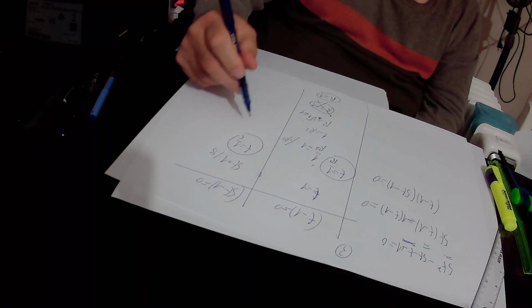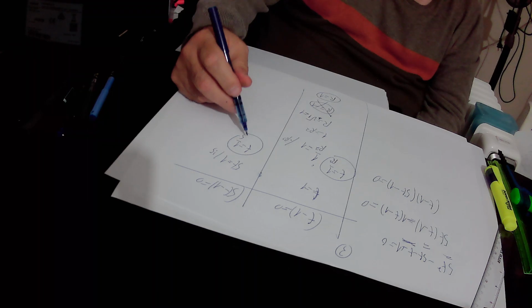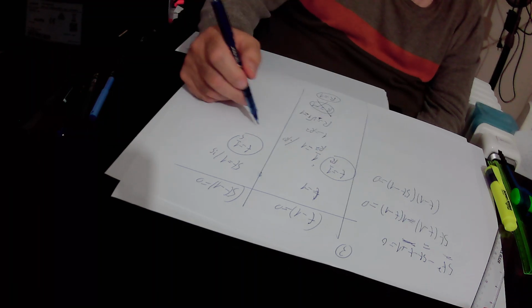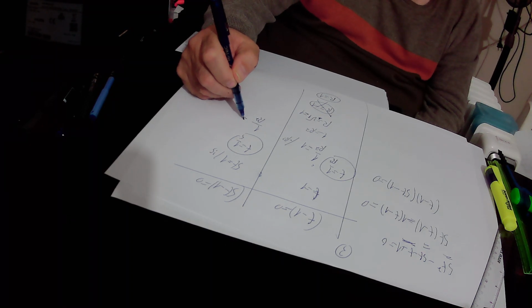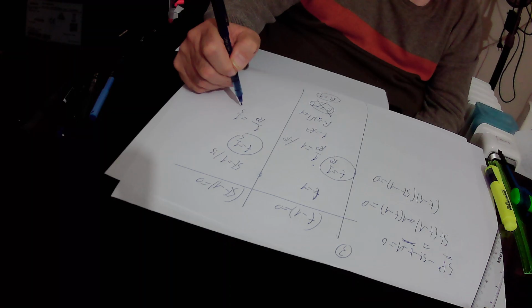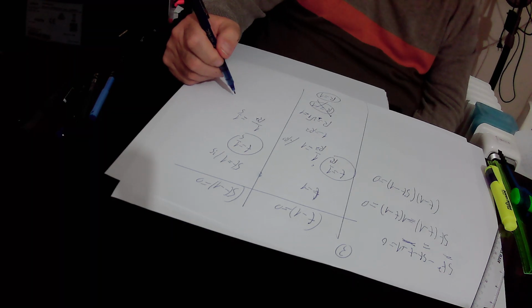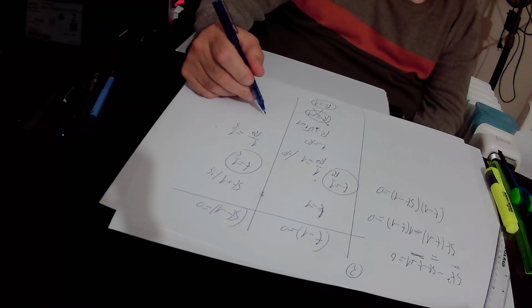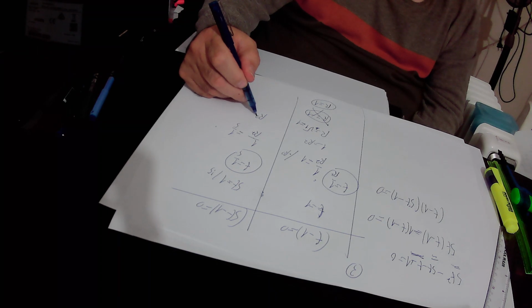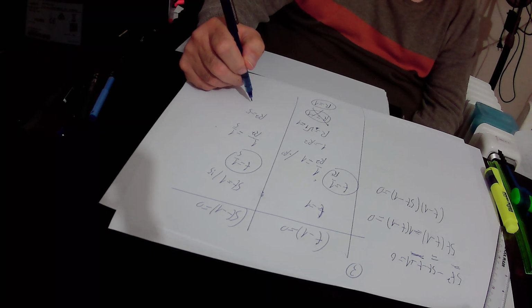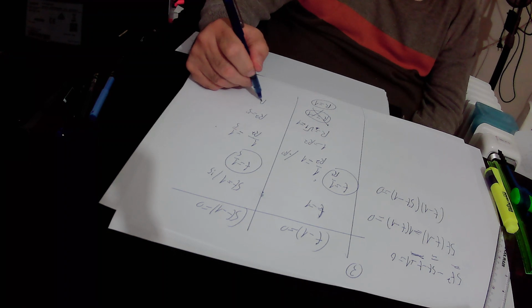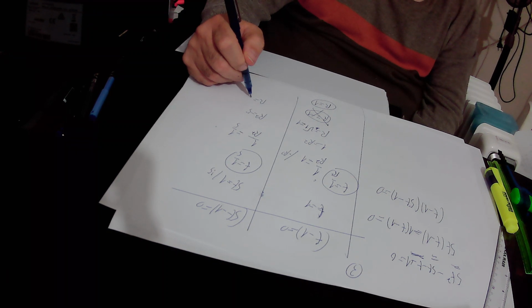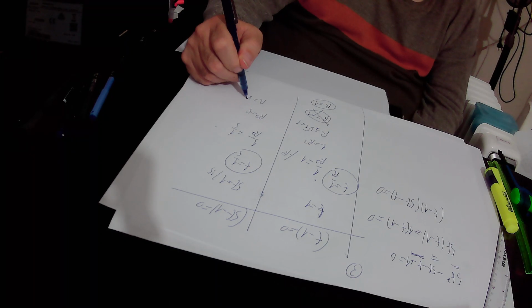T is 1 over r square, so we substitute t by 1 over r square, so it is equal to 1 over 5. We cross multiply this equation and we get that r square equals 5. We take the root of this equation and we get that r equals the square root of 5.